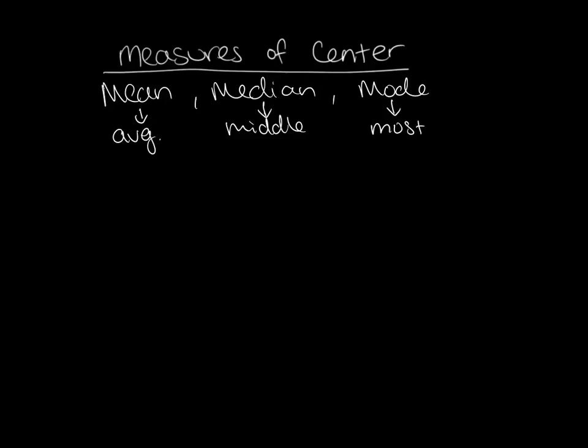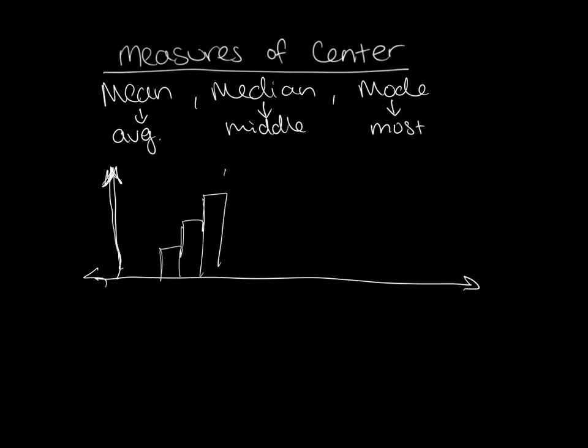Measures of center are important because they help us get an idea of the spread of the data, which we'll talk about in a second. If I am looking at a symmetric histogram, the measures of center are going to be in the middle of the histogram.